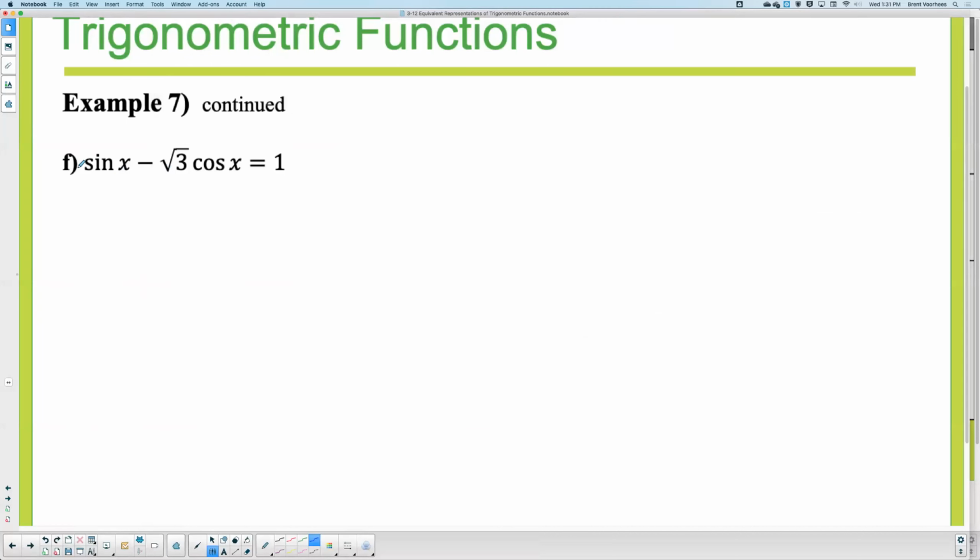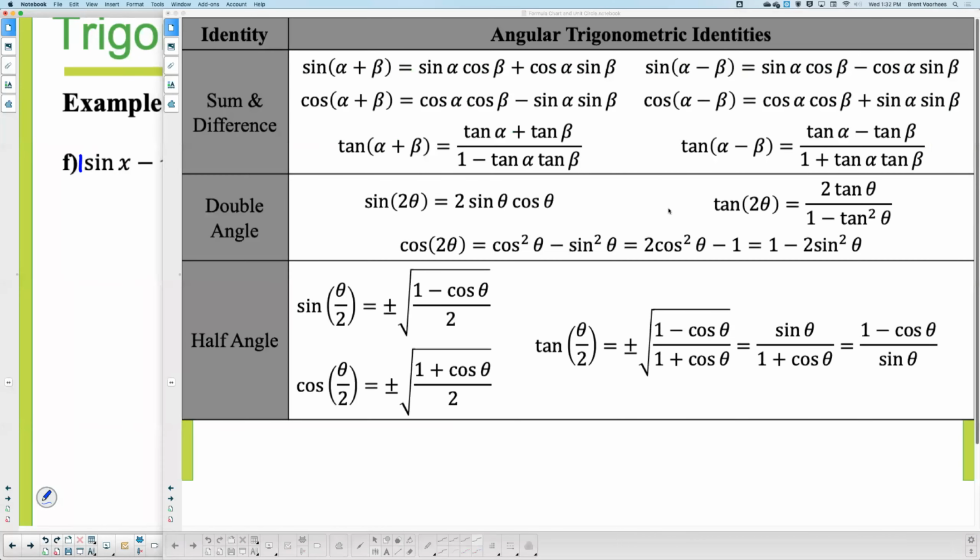How many sines would you say there are right now? 1. So I have two different coefficients here. If you have two different coefficients, this is either a sine or a cosine formula because, well, we don't know what it is yet, but let's just go over here and look at them. This has to be a sum or a difference.